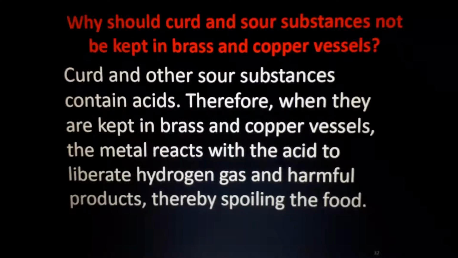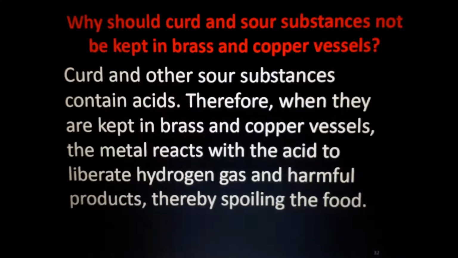Okay. So why should curd and sour substances not be kept in brass and copper vessels? That's a good question. You already studied that acid will react with copper oxide to give copper chloride and water. In this case, curd and other sour substances, for example lime water, orange juice you made in your home, or vinegar, you are keeping in a copper or brass container.